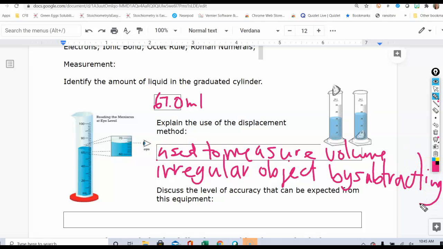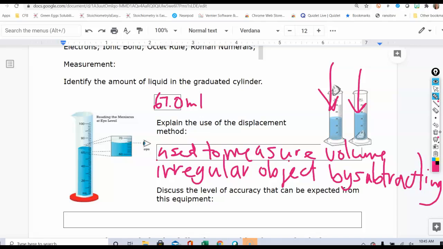You're going to subtract the initial volume, which is the volume in this graduated cylinder, from the final volume, which is the volume in this graduated cylinder, and the difference between the two ends up being the volume of your irregular object.